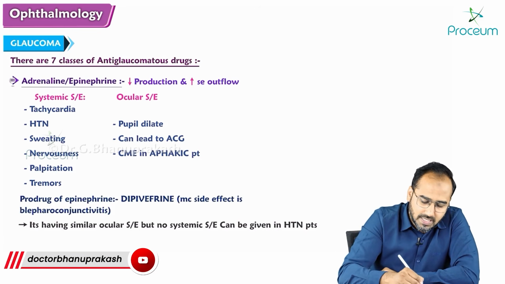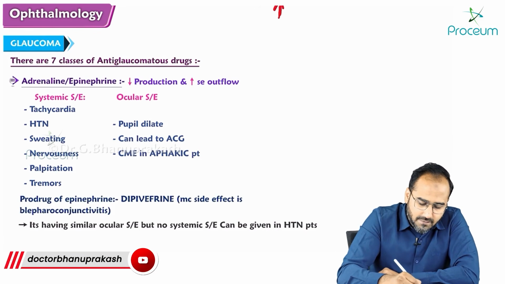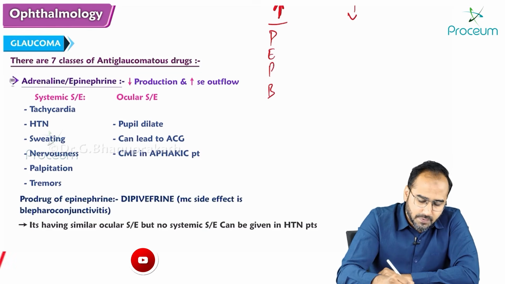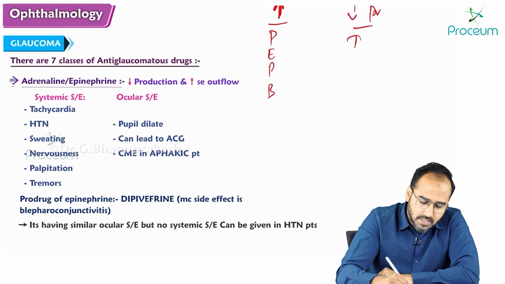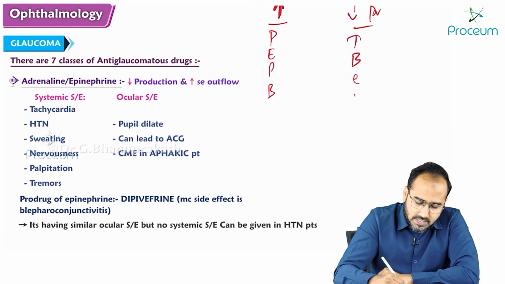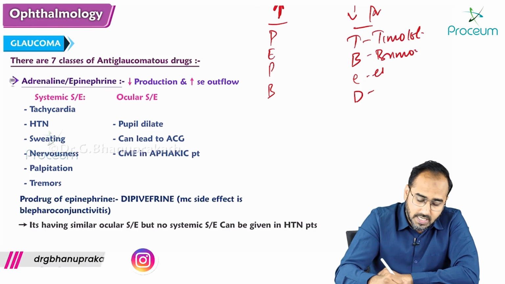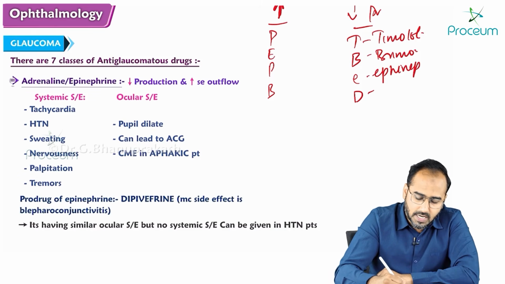Now, guys, remember the drugs that are increasing the outflow were PEP B. The drugs that were decreasing the production were TBE is dangerous. T is timolol, B is brimonidine, E is epinephrine, and D is dorzolamide.